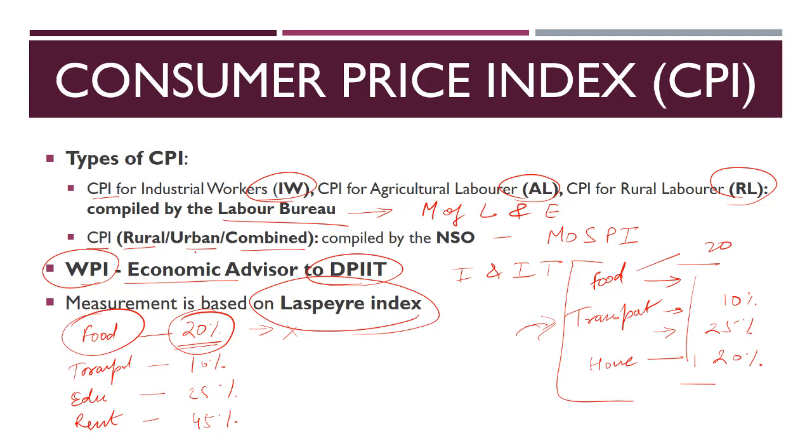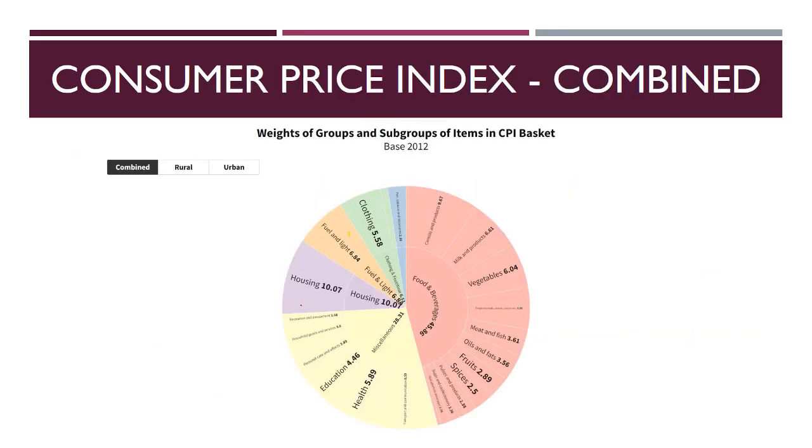This is the basis of calculation of all these indices like CPI, WPI and the other indices which use the Laspeyres index. Now since we have understood CPI, we need to know the weights of groups and subgroups. Basically, in the center, this is CPI combined.